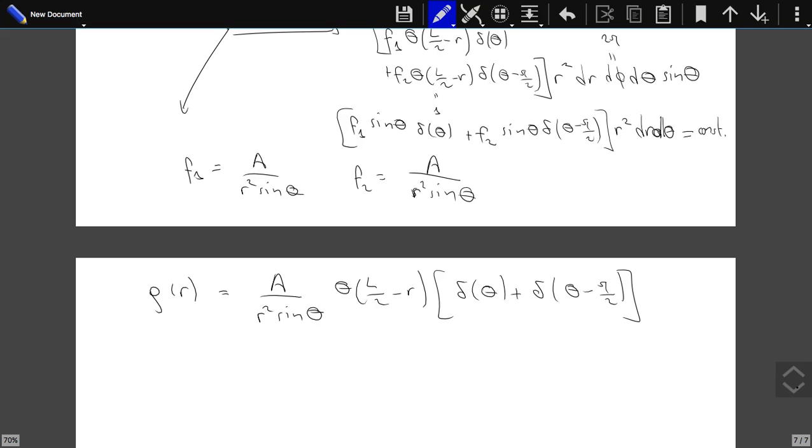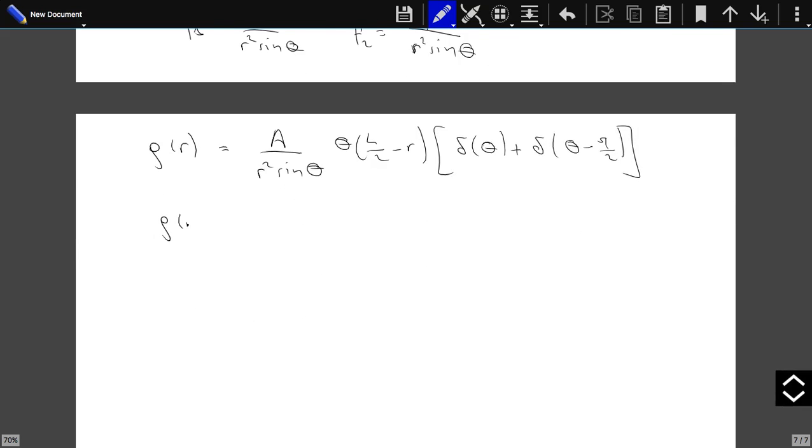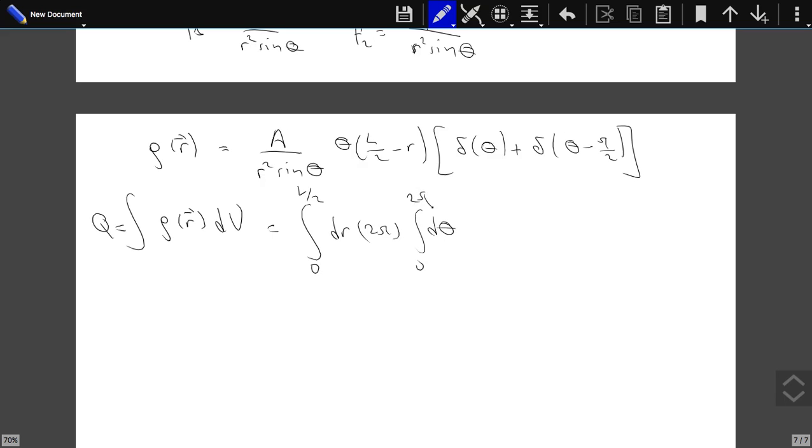How do we determine A? Well, again, back to this argument, rho of r dV should be equal to Q. This is equal to A. Now let me integrate over dr from 0 to L over 2. Integration over phi will give me 2 pi. Integral over theta from 0 to 2 pi. And r squared and sine theta have canceled with the volume measure.